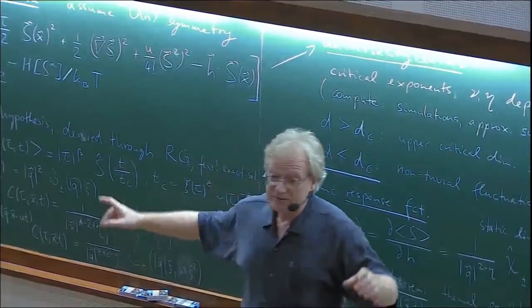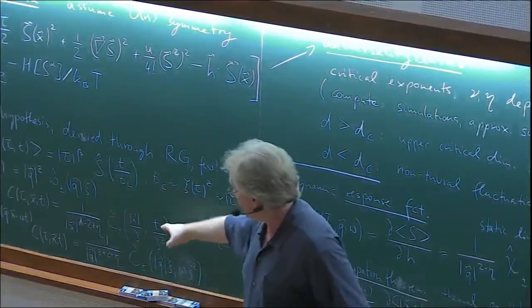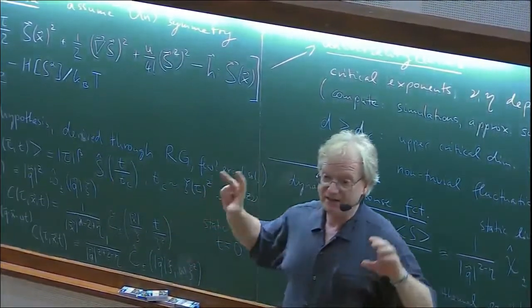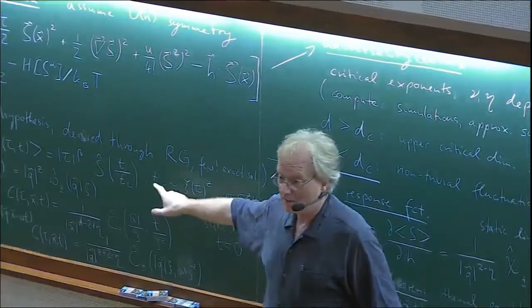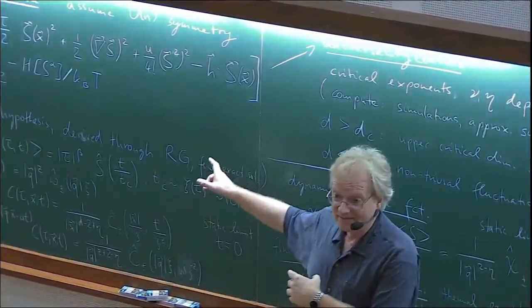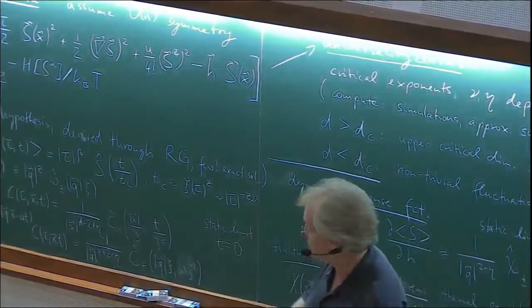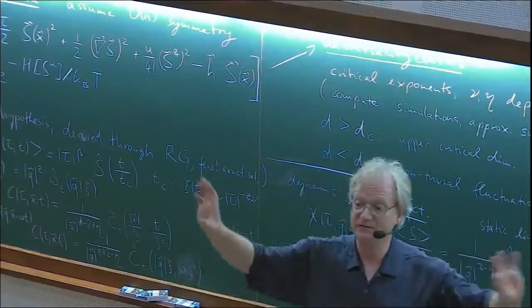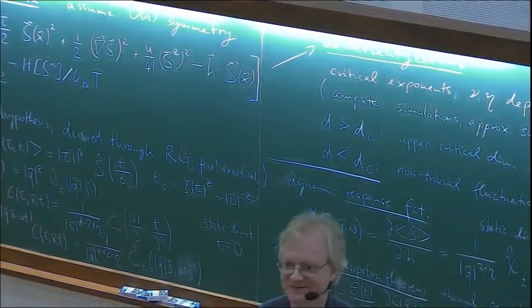I scale all my space directions by xi. I scale all my time directions by a characteristic scale in the time direction, which is this tau c. But tau c is not proportional to xi, it's proportional to xi to the z. So that takes the form of what's called an anisotropy exponent. Deviation of z from 1 tells you that you have to scale anisotropically in space-time.